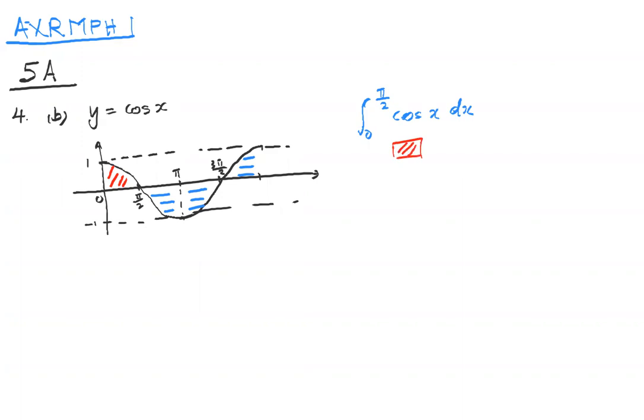So you integrate cos, you get sin, from 0 to pi by 2. Okay, so sin pi by 2 minus sin 0. So I get 1.